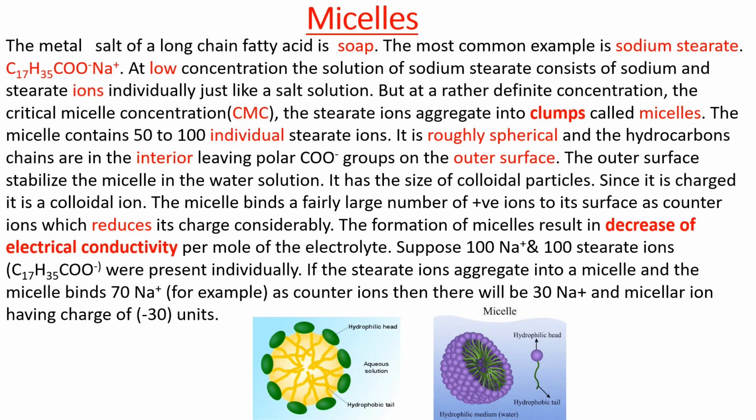That is, the carbon chain C17H35 is present in the interior of the micelle and the COO minus group is on the outer surface. That is a polar group, the hydrophilic head, shown in the first diagram.